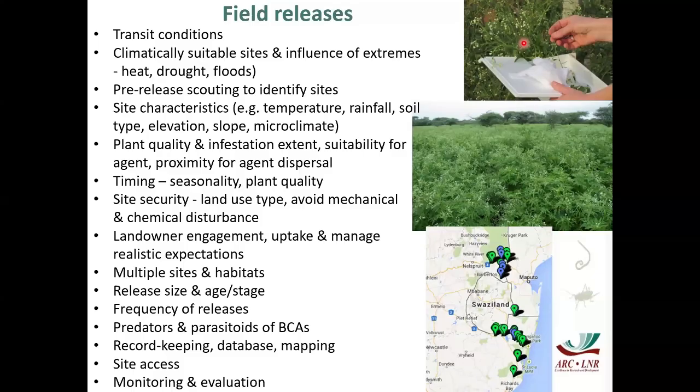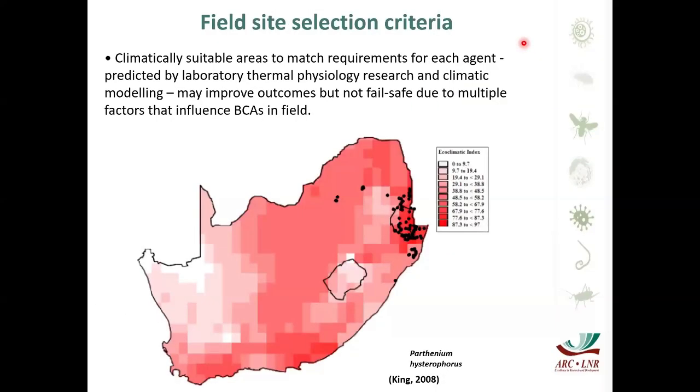And then, obviously, engagement with landowners, and we do research around the size of releases and stage of releases, trying to determine which are the most robust stages to release and what number and how often. So there's research components around those elements. And obviously all the monitoring and evaluation after those releases as well, to ensure that the agents are establishing and ultimately to evaluate what kind of impact they're having.